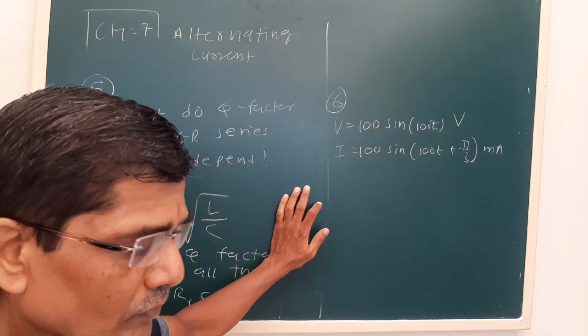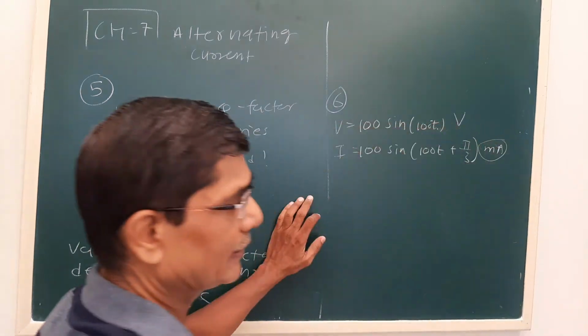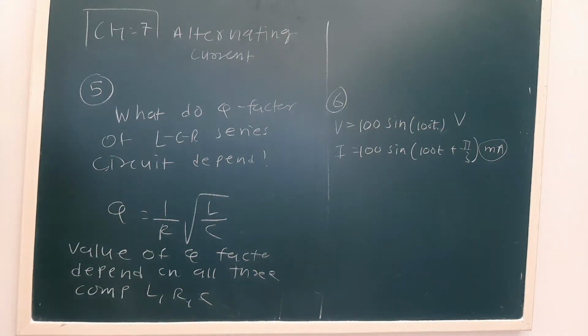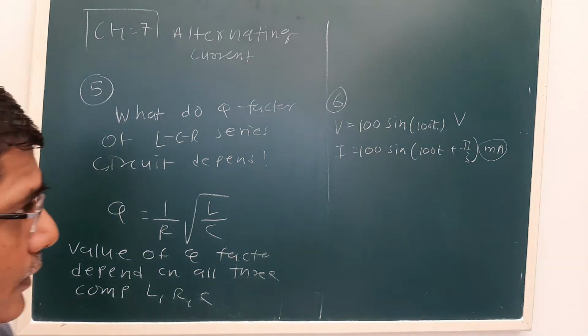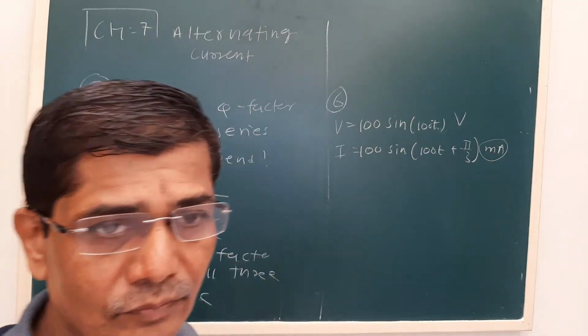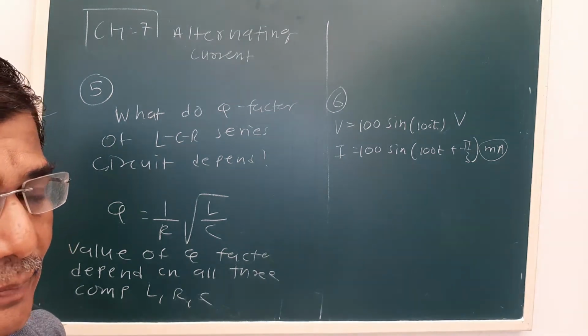Here we have to take note that the current is in milliampere. Voltage is given, current is given, the phase difference is pi by 3. We have to calculate the power.